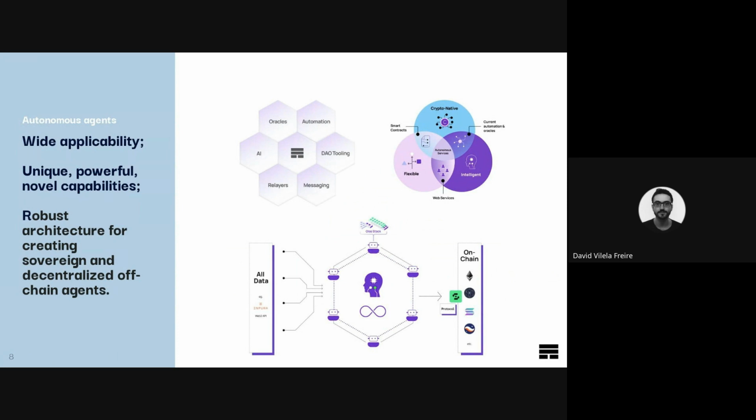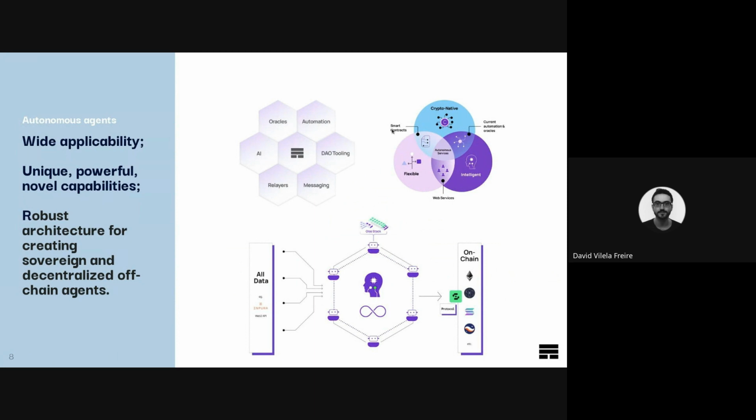What does it mean? So basically, agents are pieces of software that run off-chain, but can interact with not only off-chain entities like traditional Web2 APIs and databases, but also can create transactions, make contract calls, and so on. And we think this is a very powerful and flexible approach, because if you have a look at this drawing on the top right of my screen, we usually have either traditional web services, which are very flexible and, let's say, kind of intelligent.